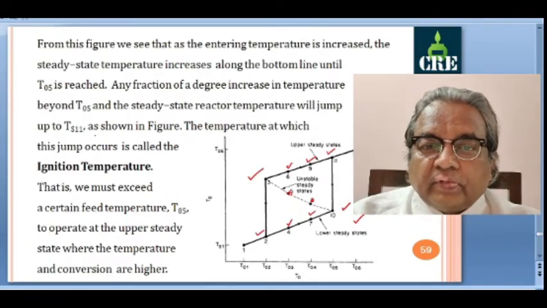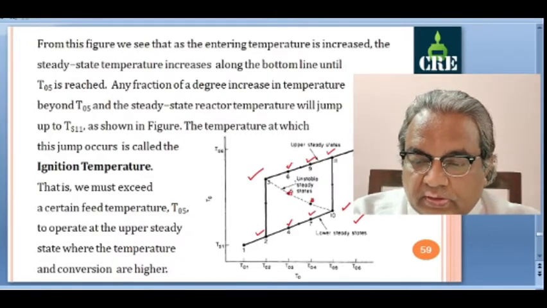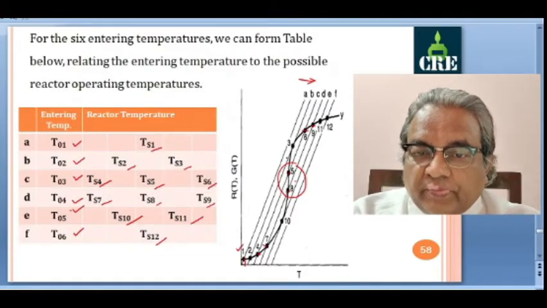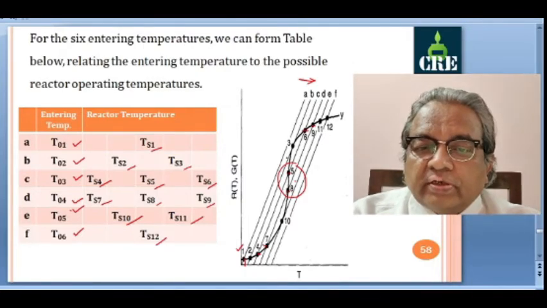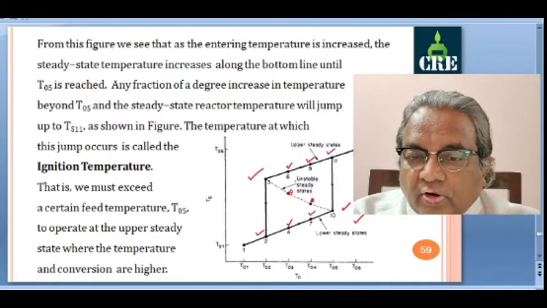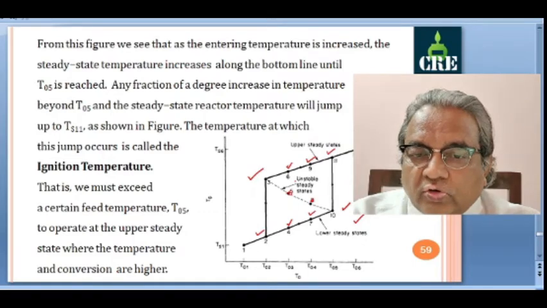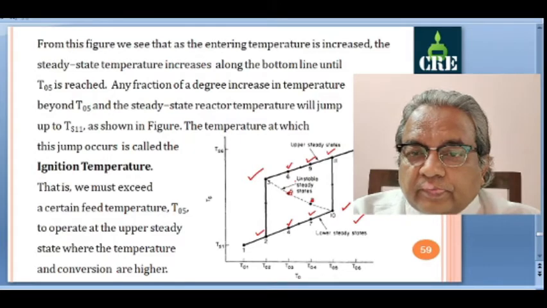Now here, what we have done is just represented it in a different manner. Here is a removal term, generation term as a function of temperature. Here you have plotted the entering temperature T0 on the x-axis and the steady states on the y-axis.